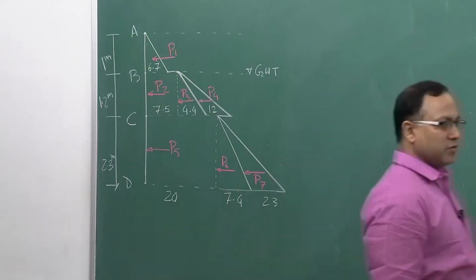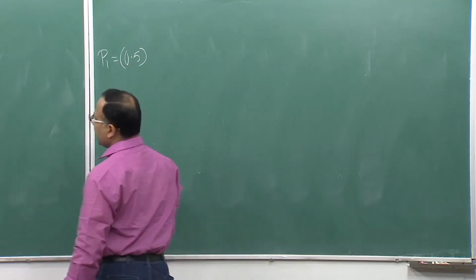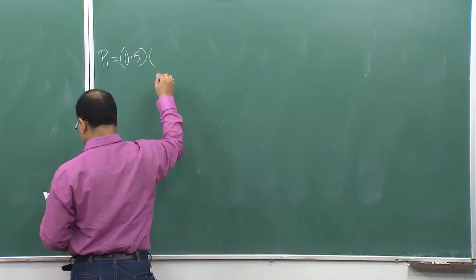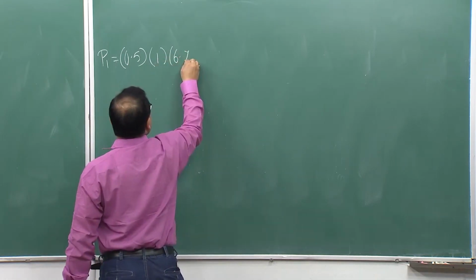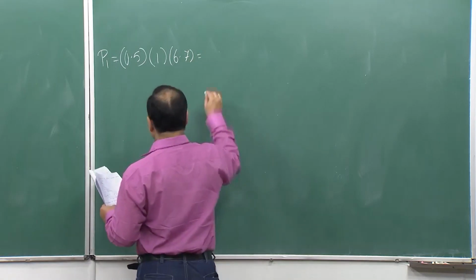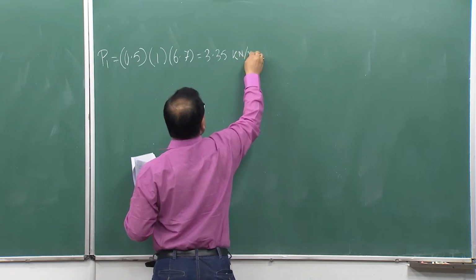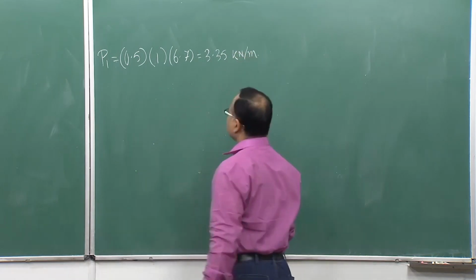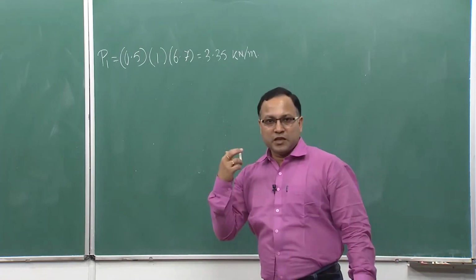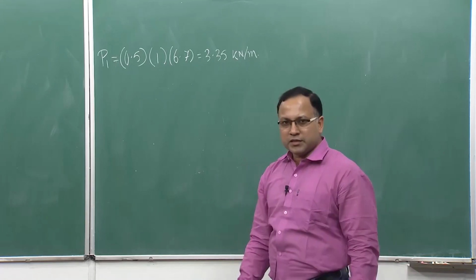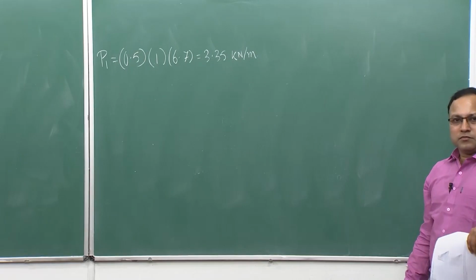So, P1 is 0.5, that is the area of the triangle, 0.5 into 1, that is the height, into 6.7, which comes as 3.35 kilonewton per meter run of the wall, because normal to the board you have an infinite length of the wall. So, that is the plane strain problem or 2D problem. Anyway, this is your P1, I hope you have understood.